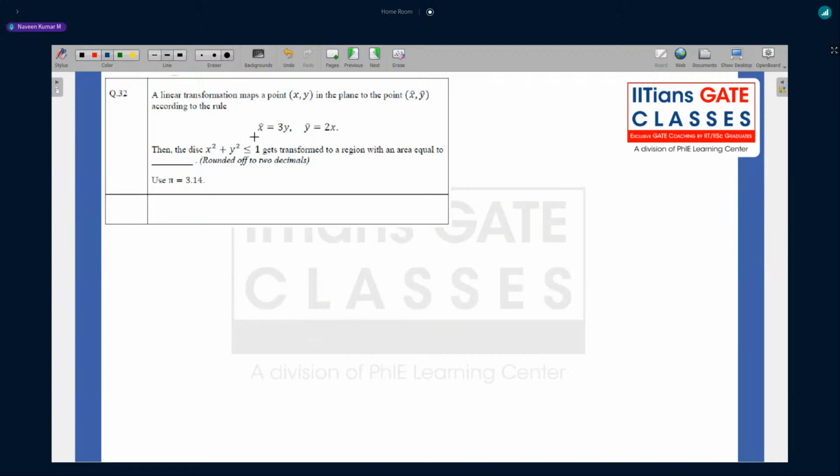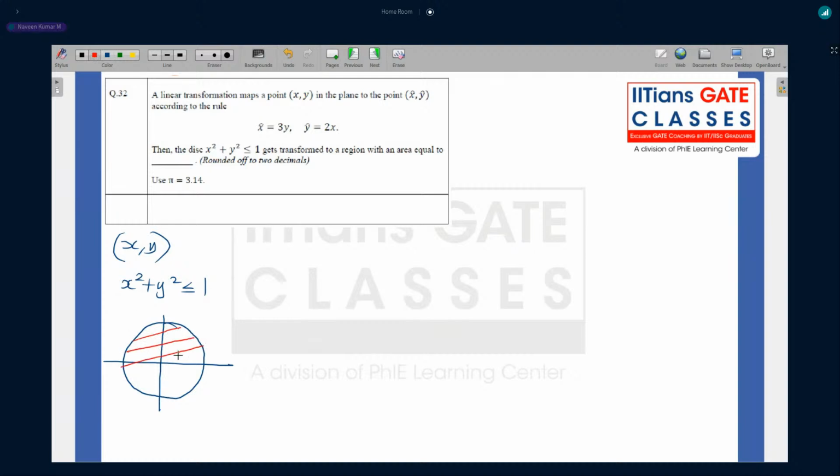So let's make the first region, that is the x, y plane. In that, it is given as x square plus y square is less than or equal to 1. In the sense, the region is inside, because it's a simple circle with the inside, since it is less than or equal to 1.